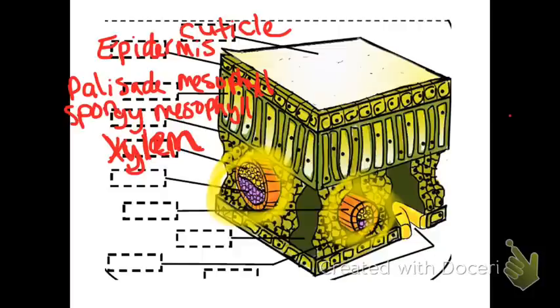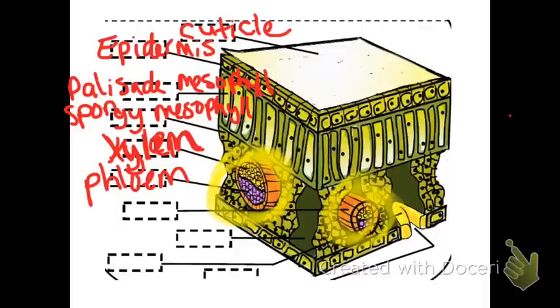Remember, we learned that the xylem is what carries the water and nutrients up from the roots towards the leaves so that we have the reactants we need to do photosynthesis. Underneath the xylem, we have the phloem. And remember, the phloem is what flows down, and it's what's going to carry our glucose or sugar that's produced as a product of photosynthesis down from the leaves to the rest of the plant.